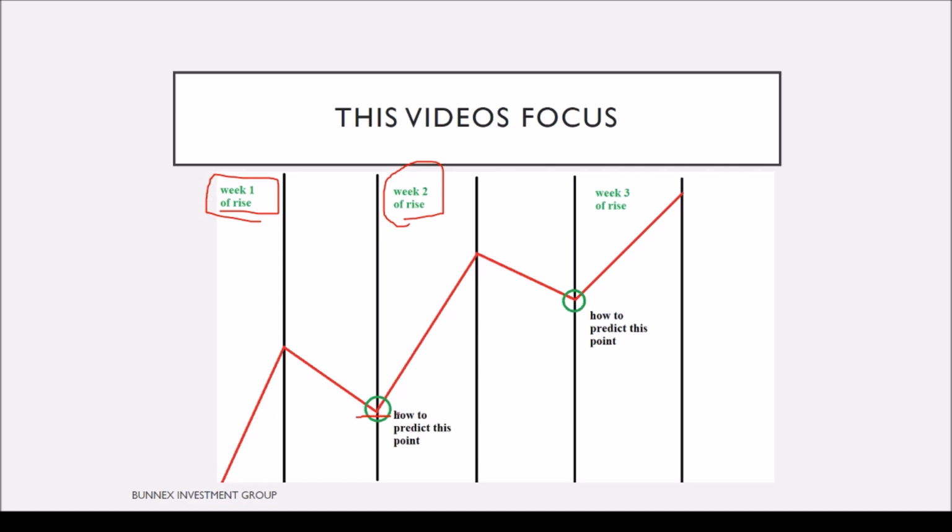Getting this point will give us an edge in getting all these pips, as well as how to predict this point. So we'll basically have 3 weeks of rise. These linkages are what we are interested in this video.